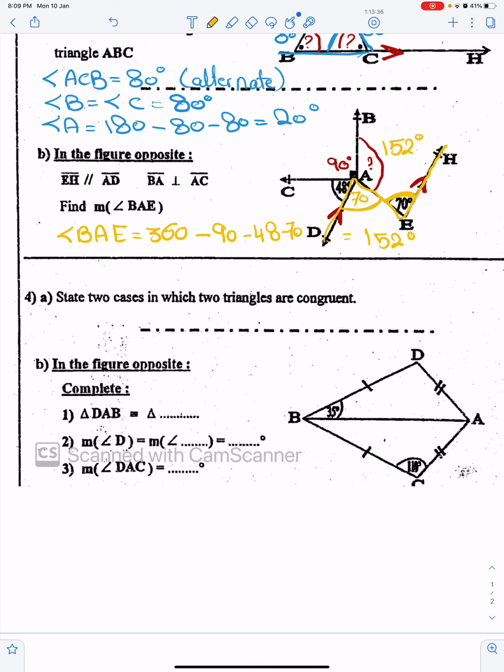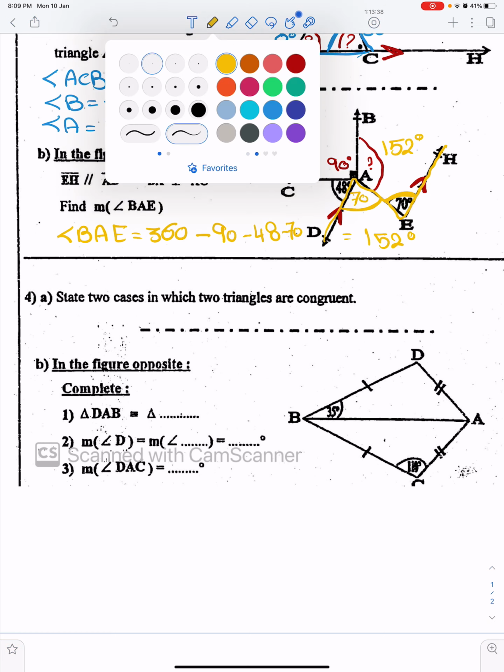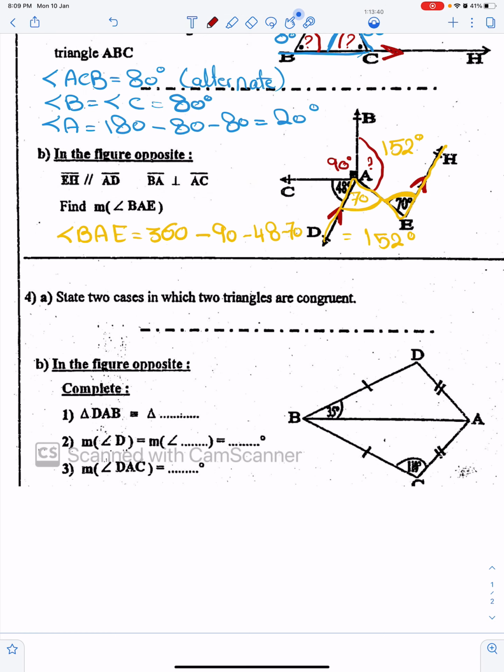Okay, number 4. State two cases in which two triangles are congruent. We have 4 cases. You can write any 2 cases you want.